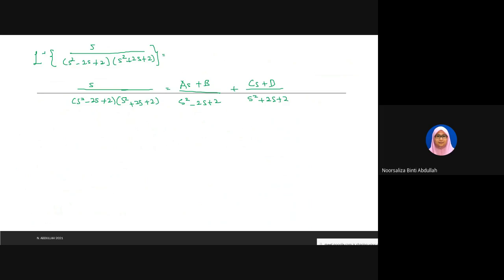Kalau kuadratik, you kena tulis macam ni. Ada soalan tak nak tanya?